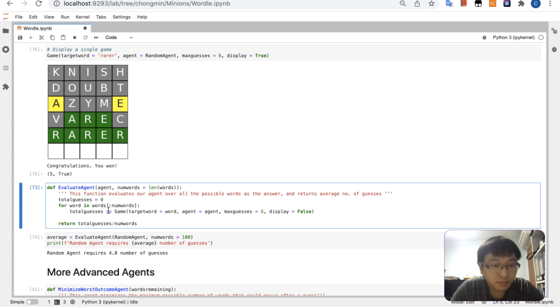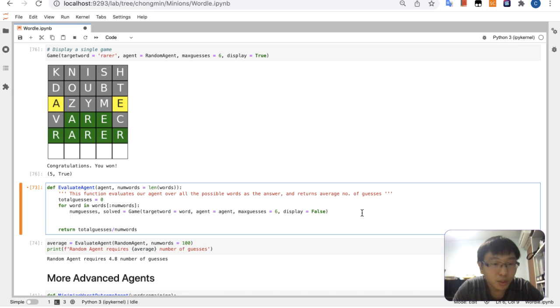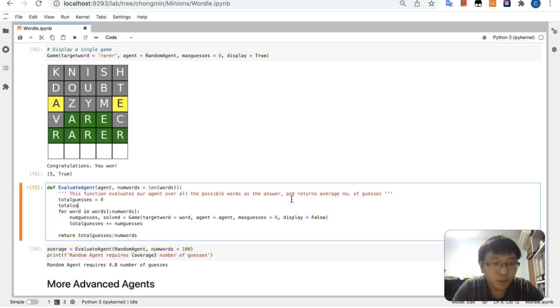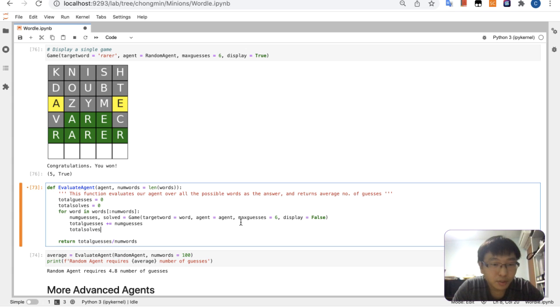So 5 comma true. So what we can do here is like this. Then we can do total guesses plus equals num guesses, and then total solved plus equals solved.